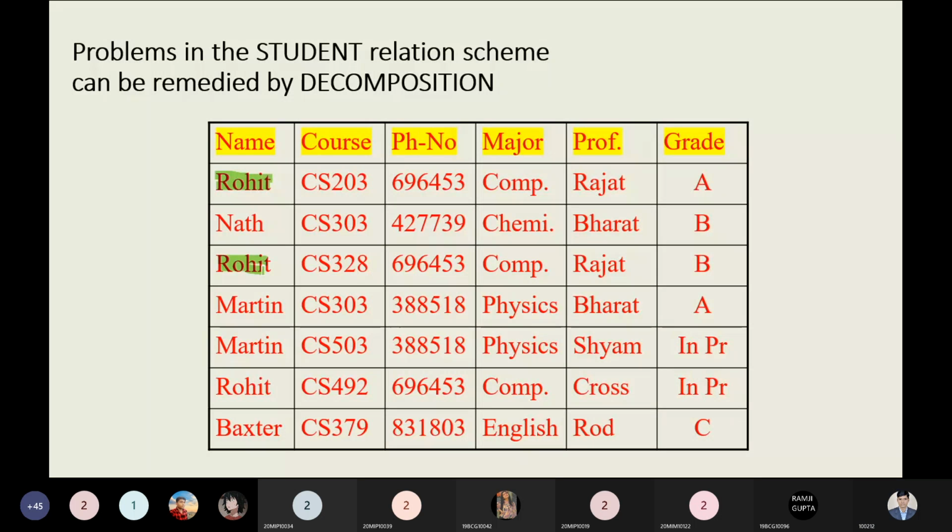Martin, the name of a student, is coming two times. You can observe over here, course 303 is also coming two times. And the roll number, of course, which belongs to Rohit, is coming three times. So from this perspective, we can easily say here we have duplicates or redundancy.